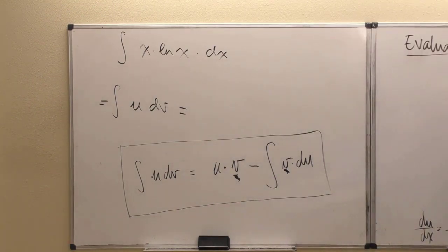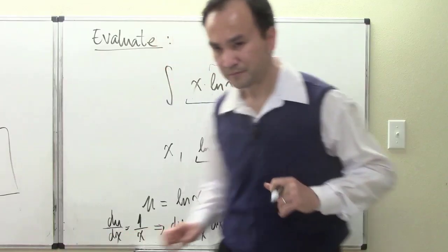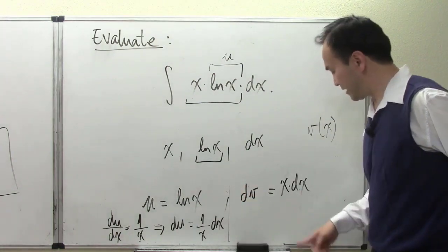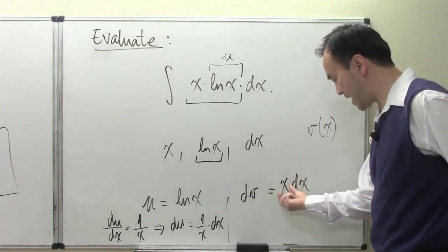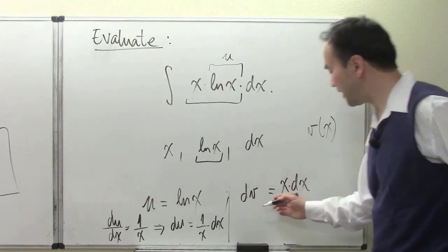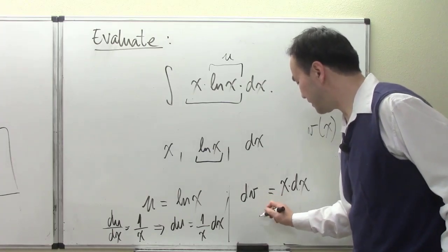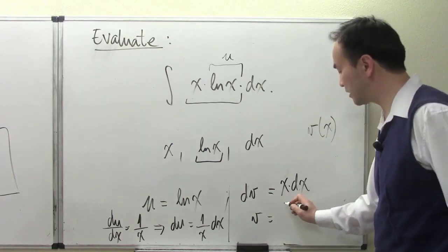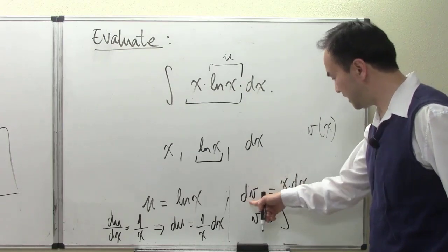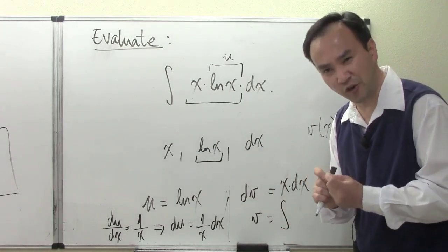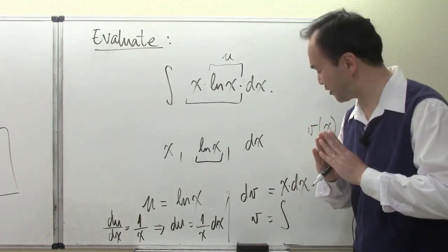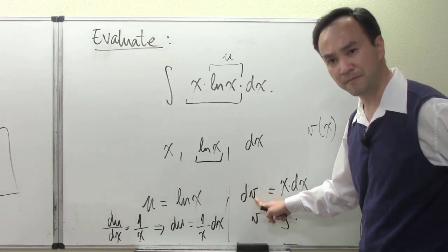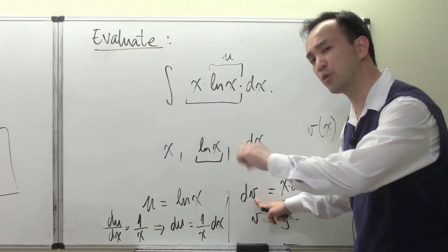So now let's see where the v comes from. If you're looking at this dv right here, it's a differential, and it equals x times dx. So to find v, we are going to take the integral. I call dv formally the differential, but it's also directly related to the derivative, and you can simply think of this as the derivative of v in the differential expression.